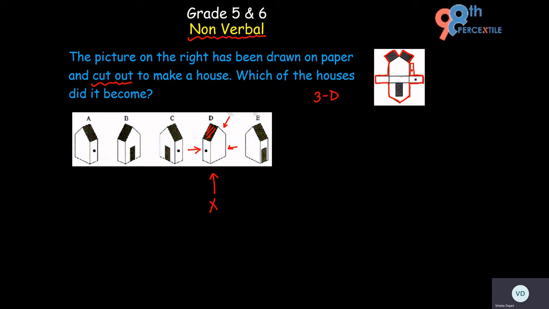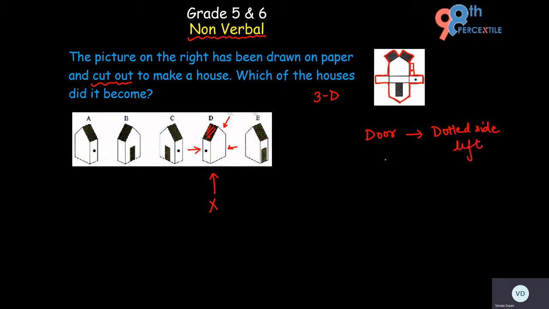Okay, and now imagine if I flip this house. Imagine if you're looking at this house when this door side is in front of you. Okay, then this dotted side will be seen on the left. Now if door is in front of you, then the dotted side will be on left.